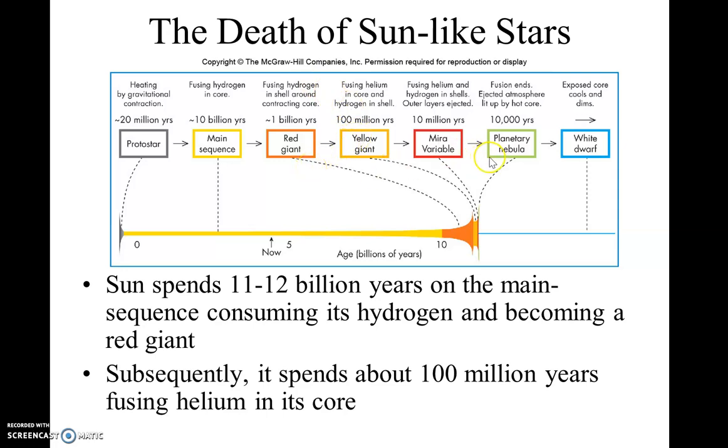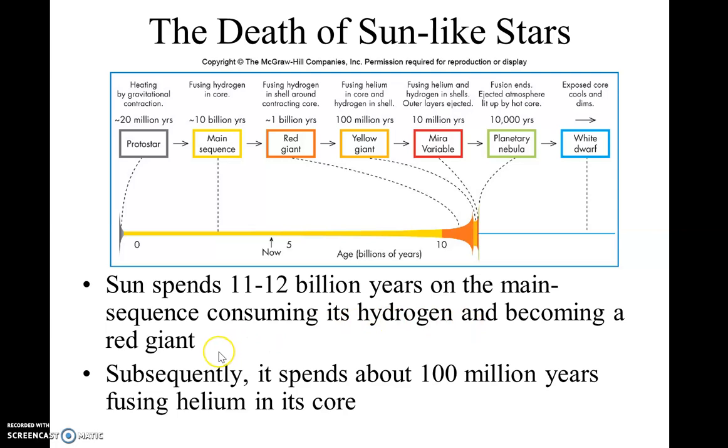So the death of a solar type star, like a star like the sun. Ours will live about 10 billion years, but some of them can be up to 11 to 12 billion years, and so they're just converting hydrogen into helium. That's also called hydrogen burning.